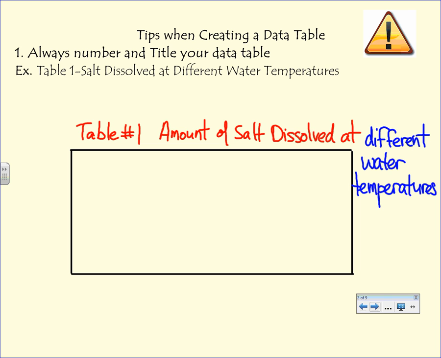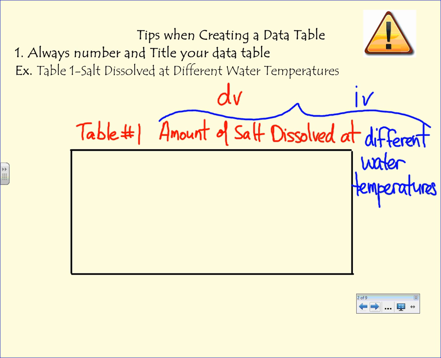I just did it because I wanted to make sure you realize when you are making a title, whether it's for a data table or a graph, you always need to have the independent variable, which I put in blue, and the dependent variable, which is what I put in red. So your title of your data table should have the independent and dependent variable included. So that's item number 1.